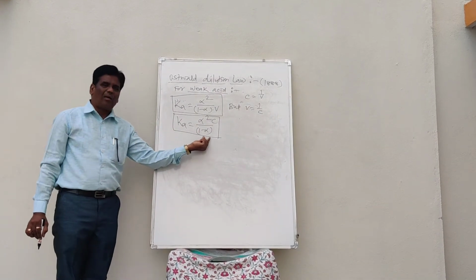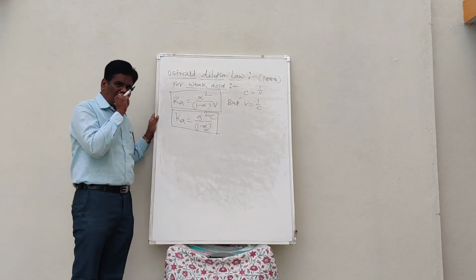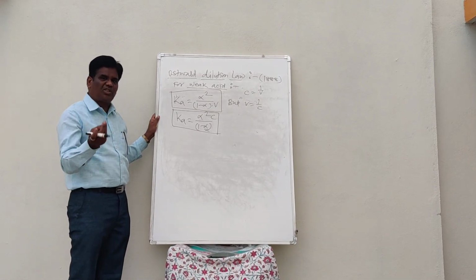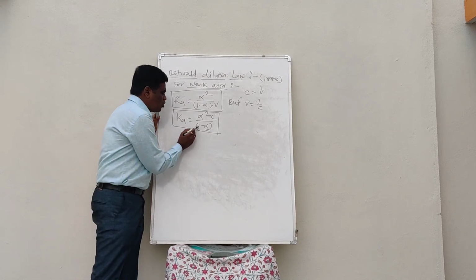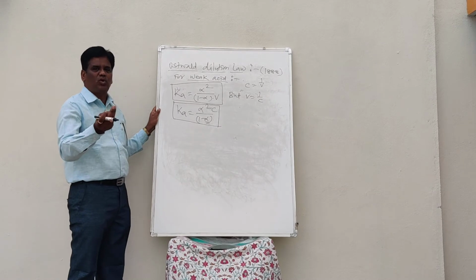Now you know that alpha is the degree of dissociation. Degree of dissociation is always a fraction. It's very small, and therefore if you subtract it from 1, the remaining answer will be nearly equal to 1.